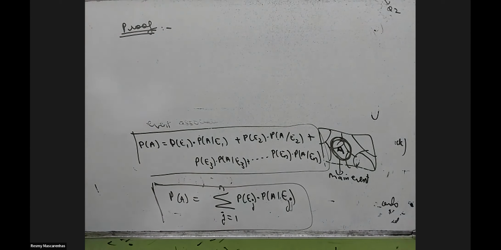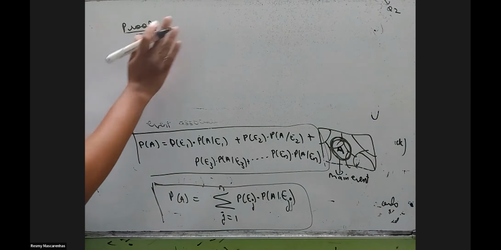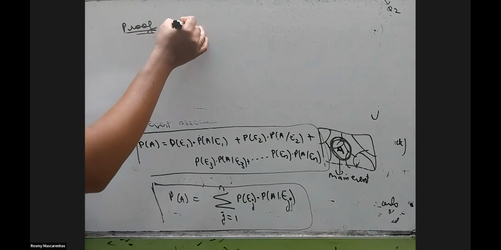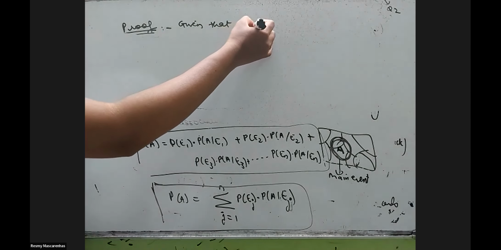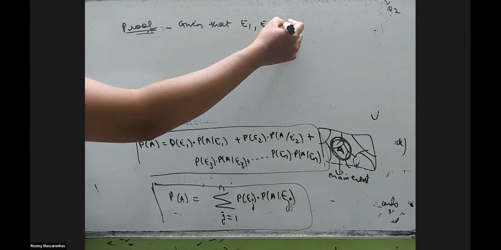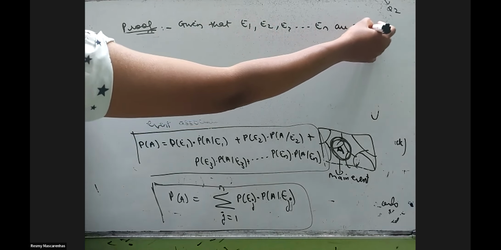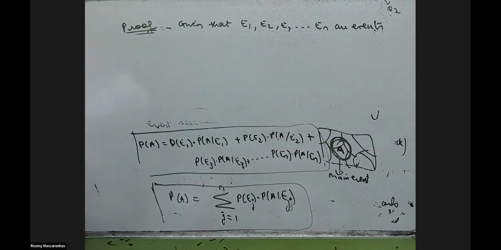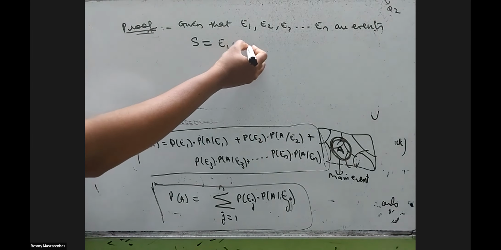Write the same thing again. Let, okay, proof, I have already given the statement. Now given that E1, E2, E3 are events, we know the sample space is nothing but the addition of all.